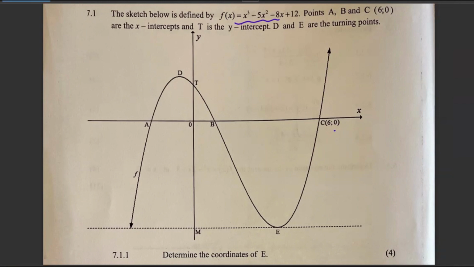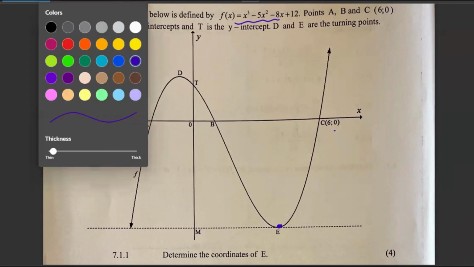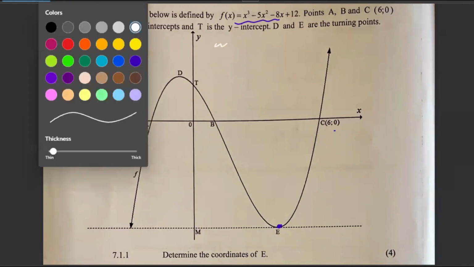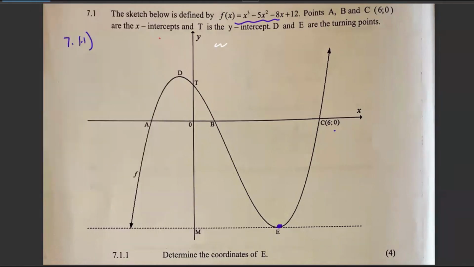Then the first question, they want us to get the coordinates of E. So we know that E is a turning point. For us to get the turning point of any cubic function, we must look for the, what do you call it? The first derivative. Which color will I use? Let me use red, it's fine.